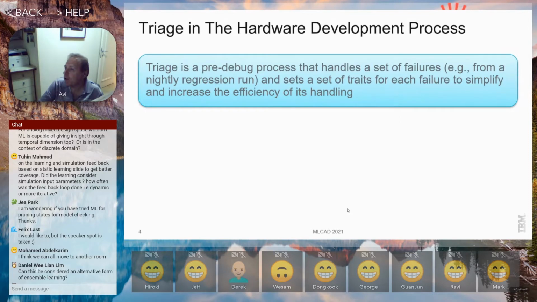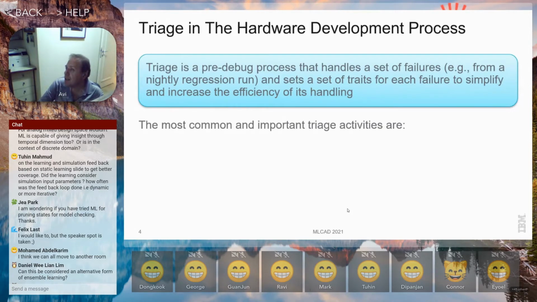For example, we have a nightly regression run that produces many fails, and then the verification teams come in the morning and want to decide what they need to do about it. So the goal of the triage is to set a set of traits for each failure to simplify the efficiency of the handling of the failures and increase the quality of handling them.